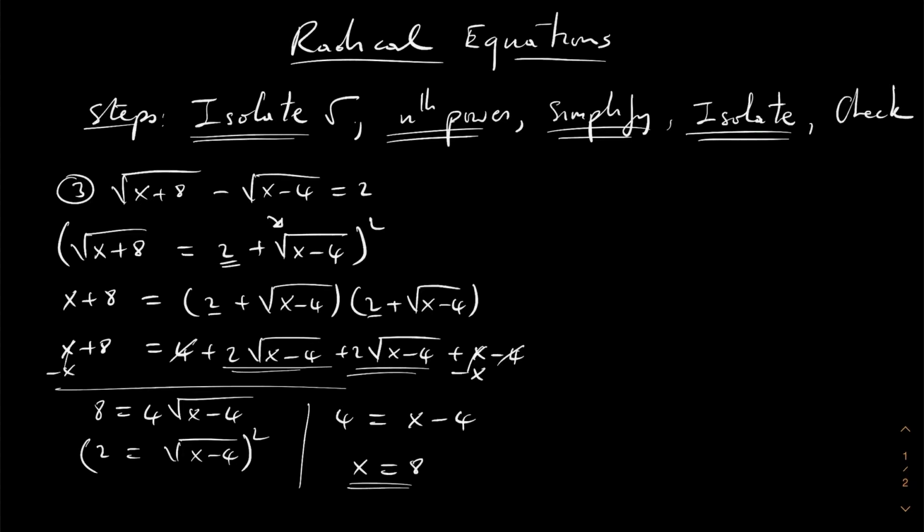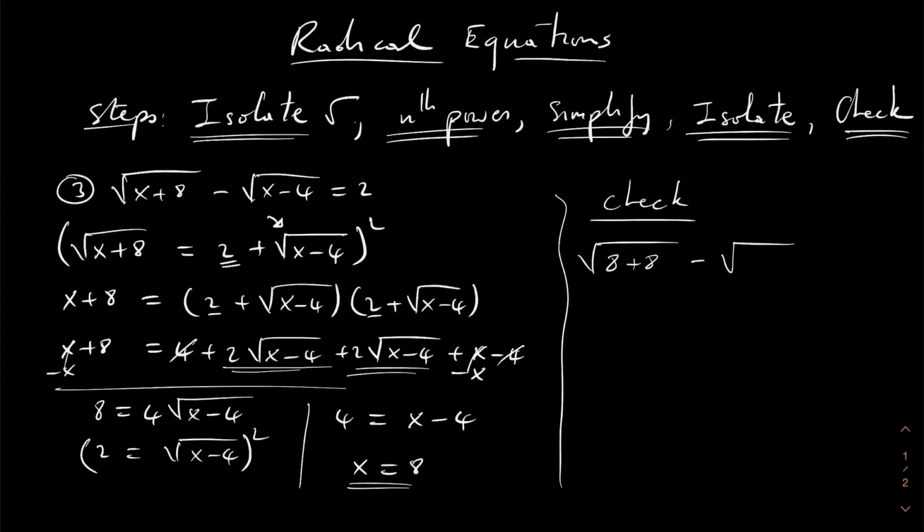And final step, check our answers, always. So we're going to go ahead and plug this 8 into our original equation. That will give us the square root of 8 plus 8 minus the square root of 8 minus 4 equals 2. Let's go ahead and evaluate the expression on the left side to see if we get 2. 8 plus 8 is going to give us 16, and 8 minus 4 is going to give us 4, equals 2.